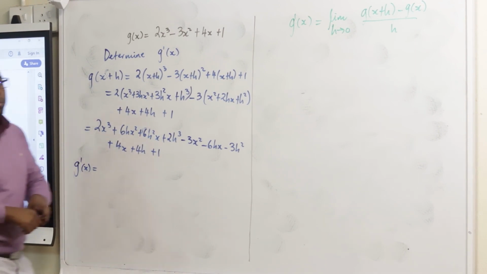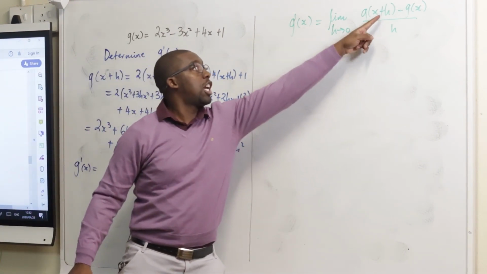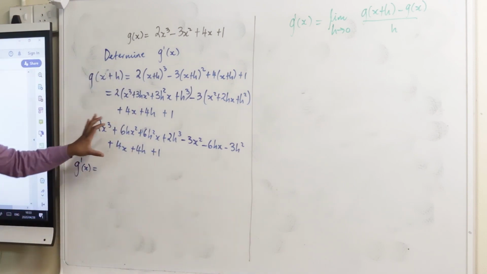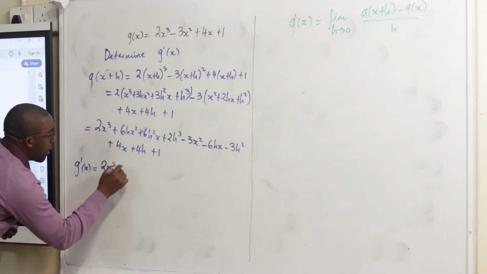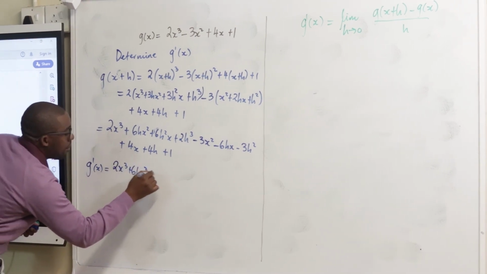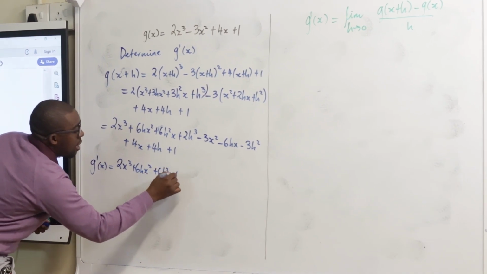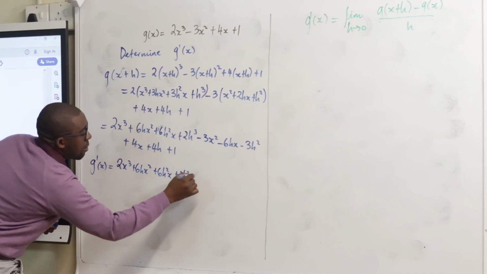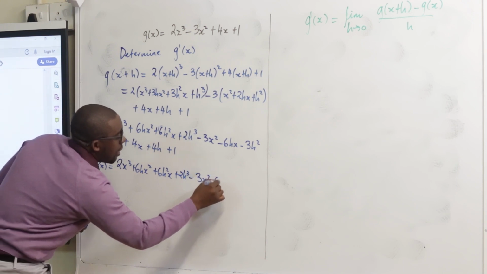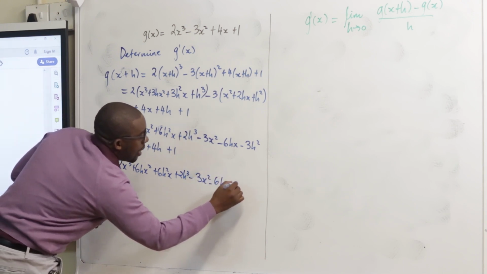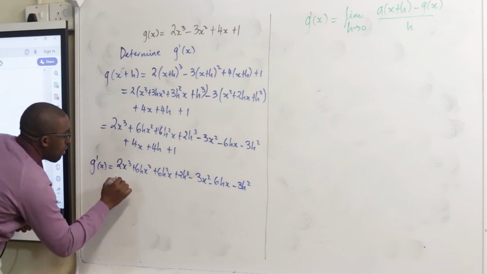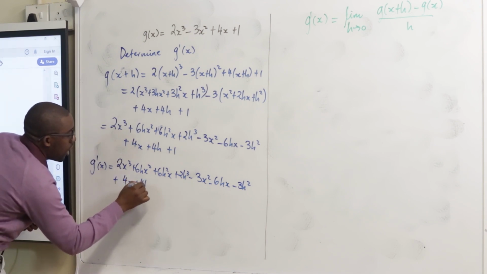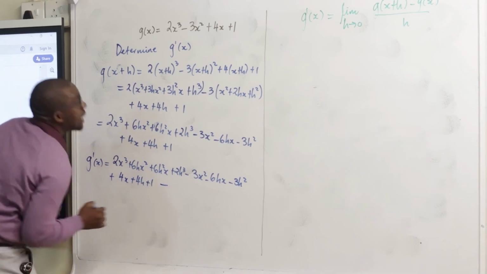So I am going to substitute using this expression. g of x plus h is this cumbersome expression. Then 2x cubed plus 6hx squared plus 6h squared x plus 2h cubed minus 3x squared minus 6hx minus 3h squared plus 4x plus 4h plus 1, minus.